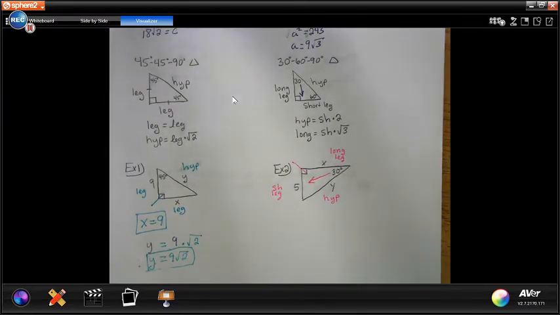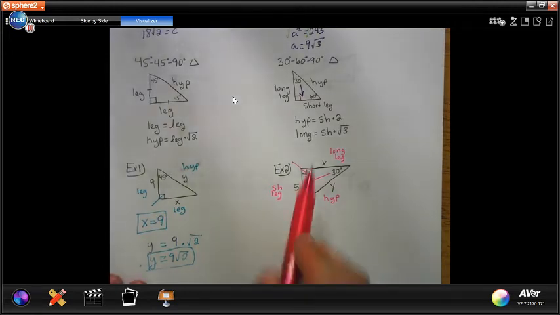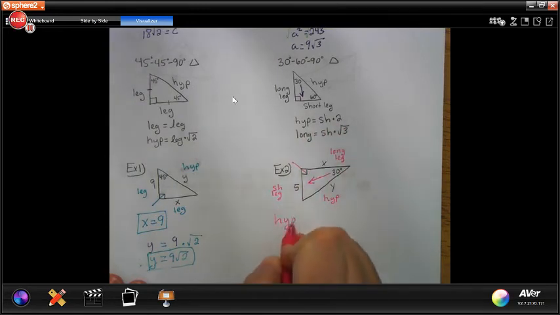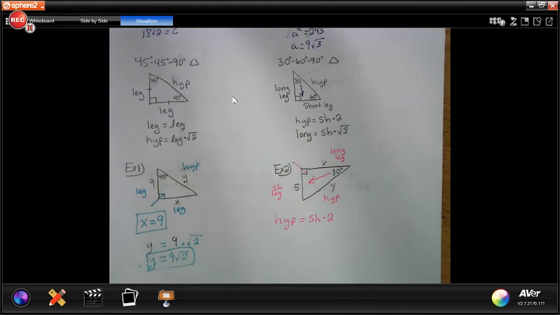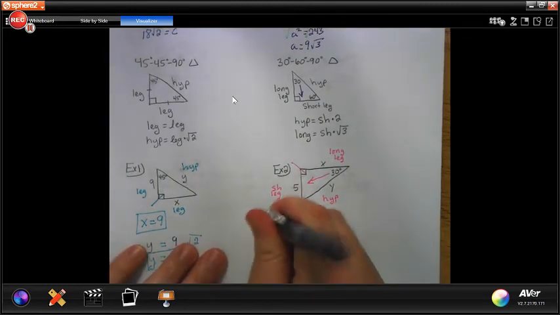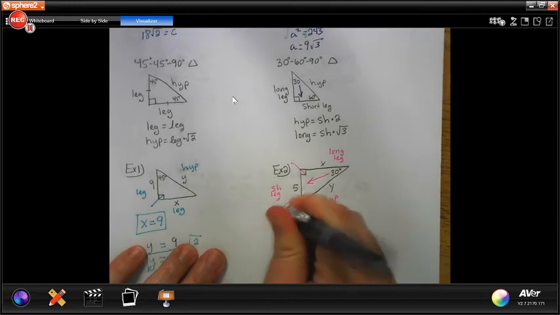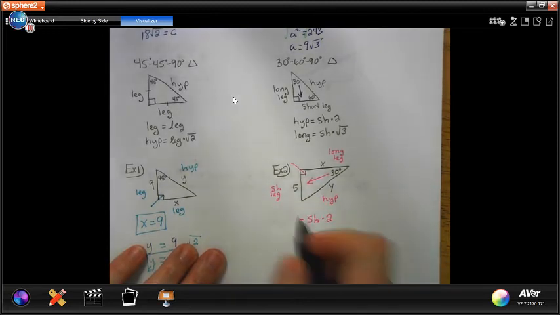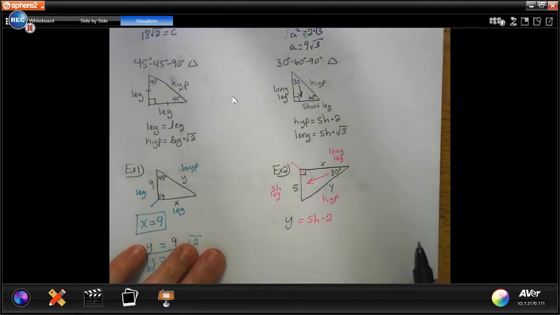Now that you have that, you can use your two formulas. Our formula: hypotenuse equals short leg times 2. Let me write it down. Our hypotenuse is actually called y, so let's replace that with a y.